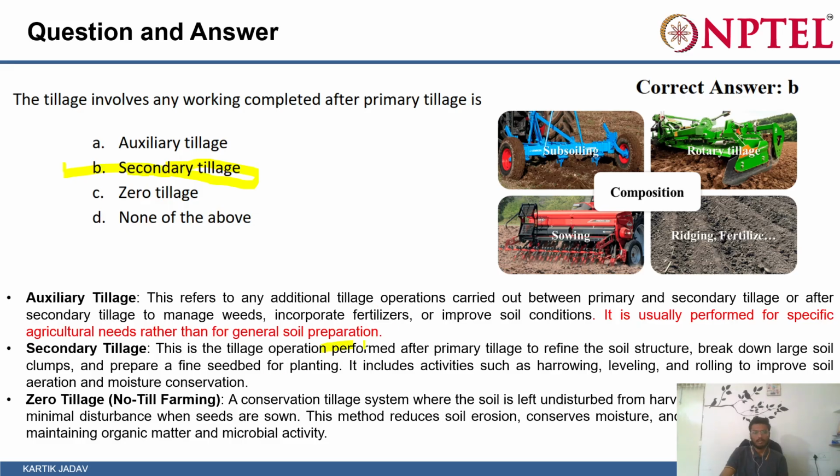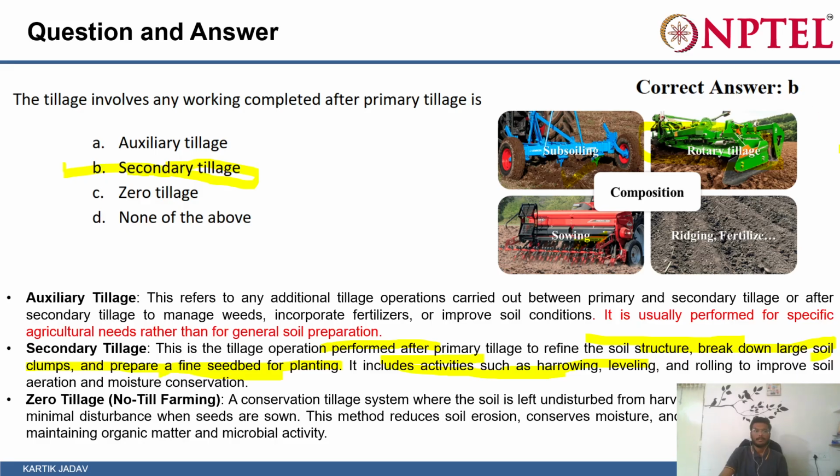This tillage operation is performed to refine soil structure, break down large soil clumps, and prepare a fine seedbed for planting. It includes activities such as harrowing, leveling, subsoiling, sowing, ridging, fertilizer application, or using rotary tillage.